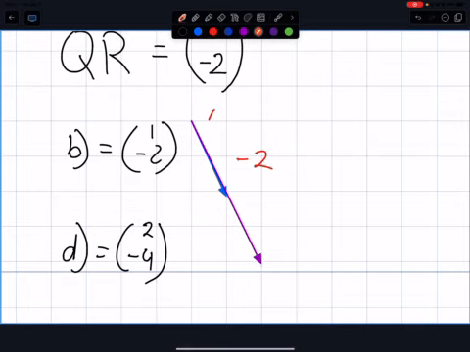As you can see, there's another color. 2, -4. I'm still heading in the same direction. The only difference is one is walking and the other is running. But we're still going in the same direction.